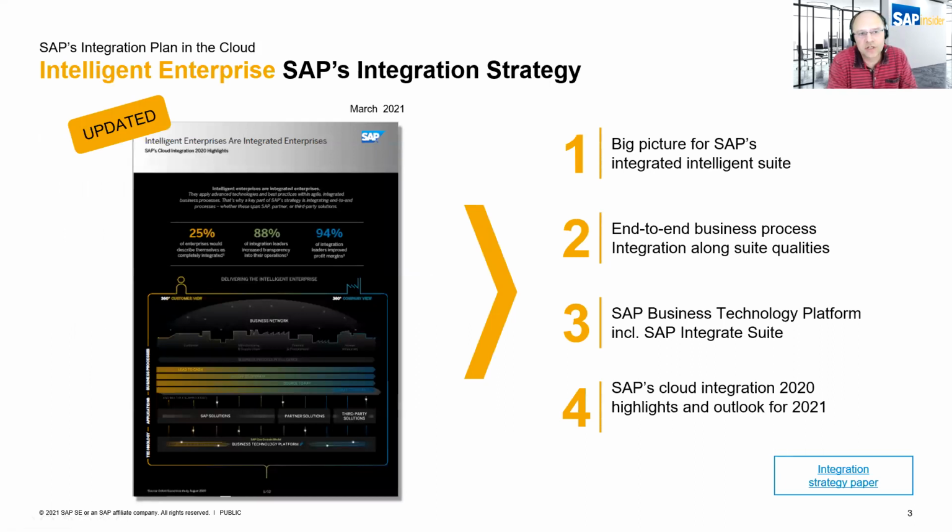SAP's intelligent enterprise strategy. Overall, this is part of a really large activity that we are dealing with. Integration is a top priority for SAP, what teams are working on. You find that also communicated externally with the integration strategy paper and with the contents provided from our board.